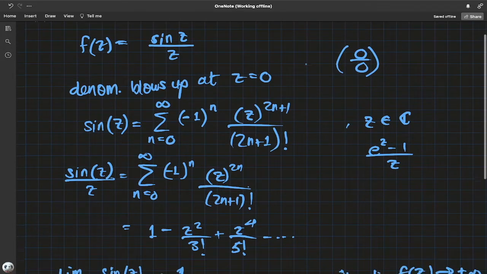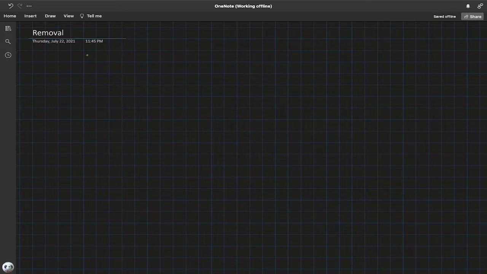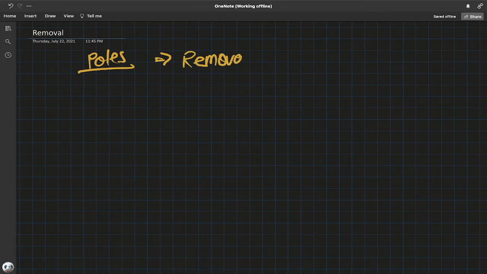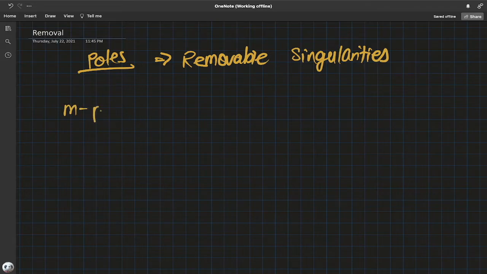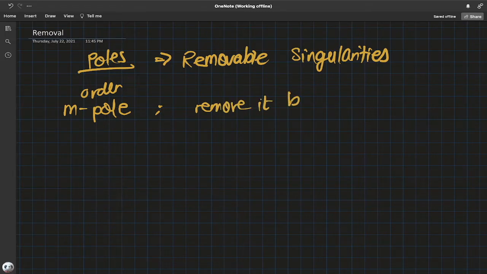A fact that is actually pretty usefully demonstrated using L'Hopital rule, but you may not erroneously consider that a priori, looking at it superficially. But honestly, the reason why we should even care about poles in the first place, or even categorize them separately in terms of classification of singularities, is because poles are removable singularities. What I mean by that is, if you've identified that a function has an m order pole, you can remove it by multiplying by z minus a to the order of the pole.